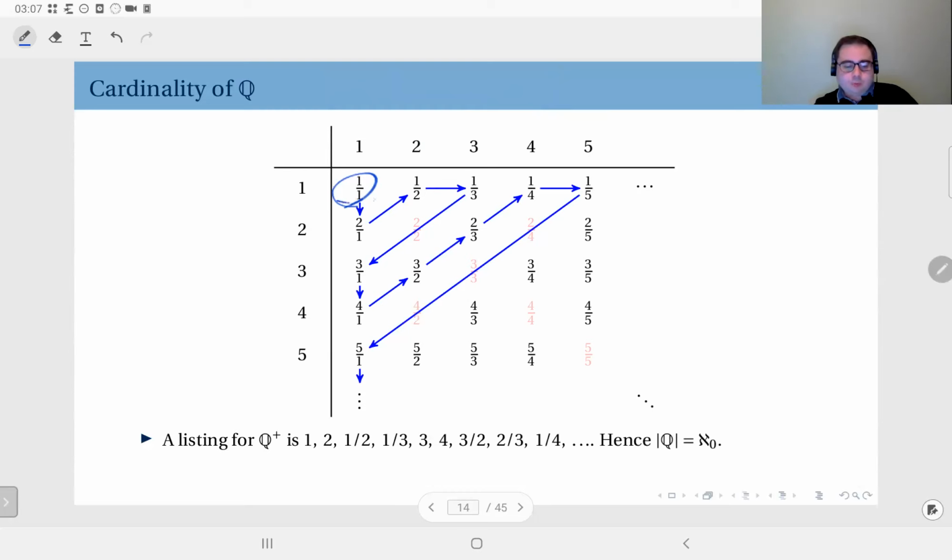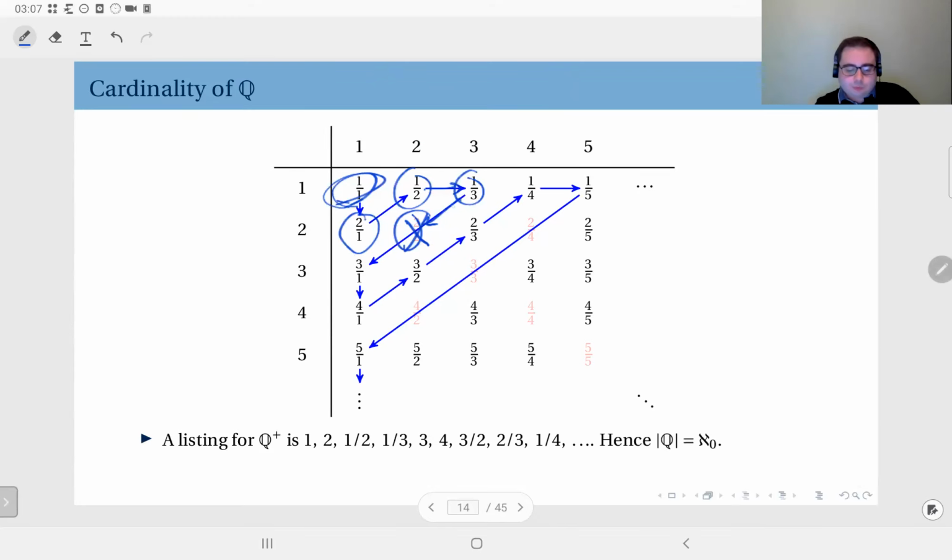Now from 1 over 1, you can move to, let's say, 2 over 1, and then 1 over 2, and then towards the right 1 over 3, and then the natural next item would be 2 over 2, but see, 2 over 2 is the same as 1 over 1, so I have already covered this number. So it actually doesn't exist anymore. It has no place in this table.